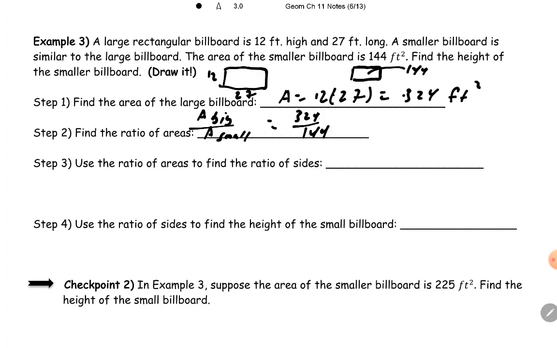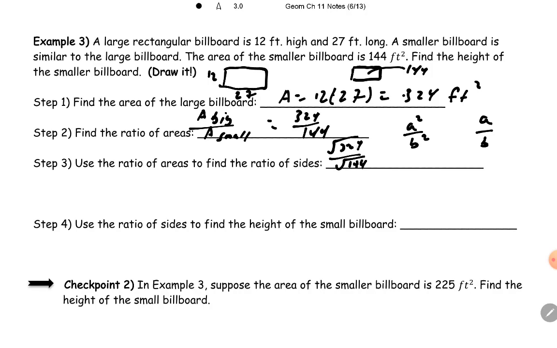ratio of areas. Now we want to use the ratio of areas to find the ratio of sides. So remember, ratio of areas is a squared over b squared, and ratio of sides is a over b. So to find that, we're just going to take the square root of both numbers.